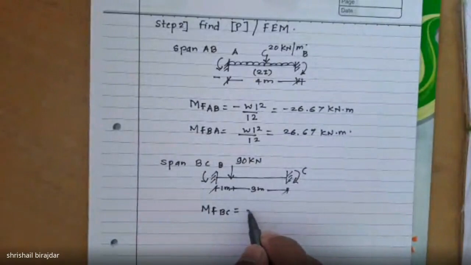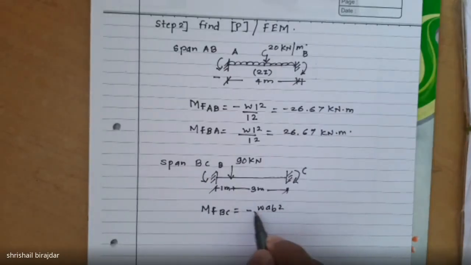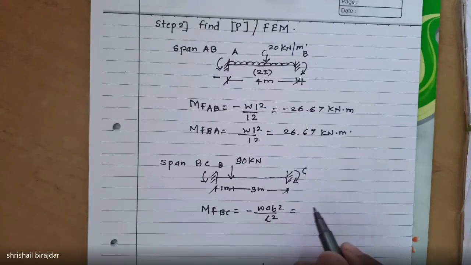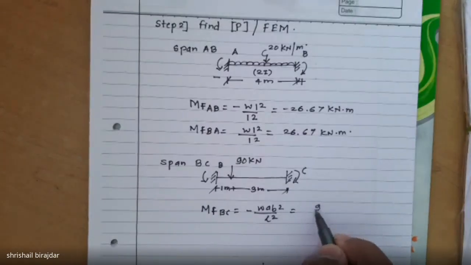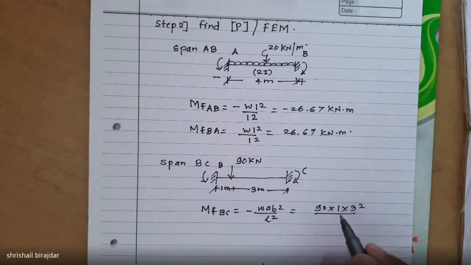What is the formula for finding out MFBC? WAB square upon L square, correct. Here, W is equal to 90 multiplied by A, 1, multiplied by 3 square divided by L square. Total L is 4 meter. Okay.